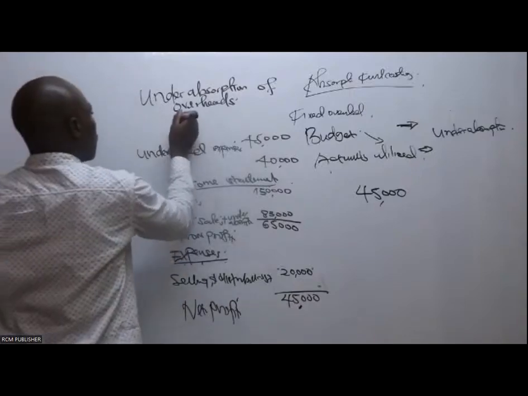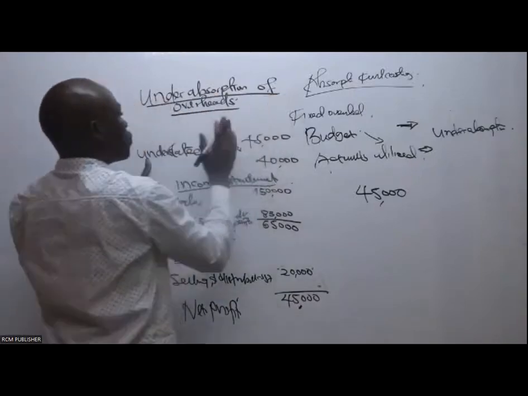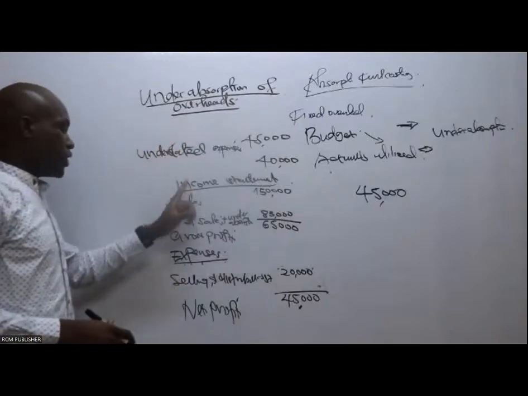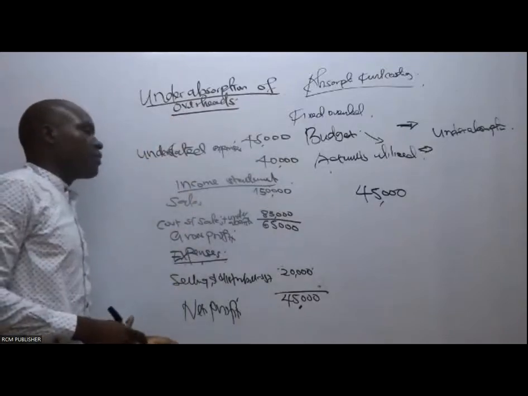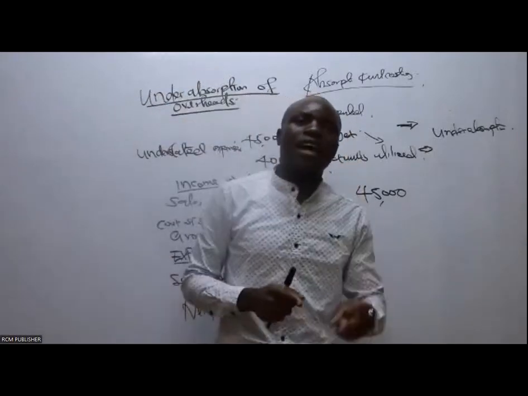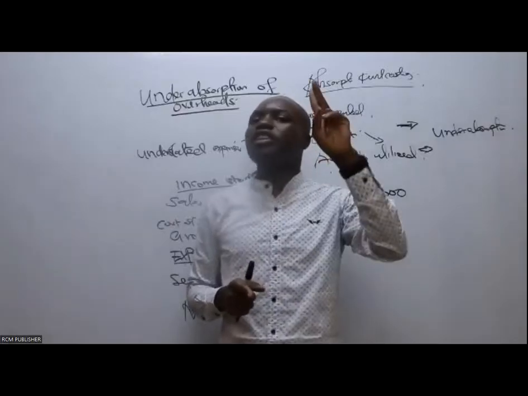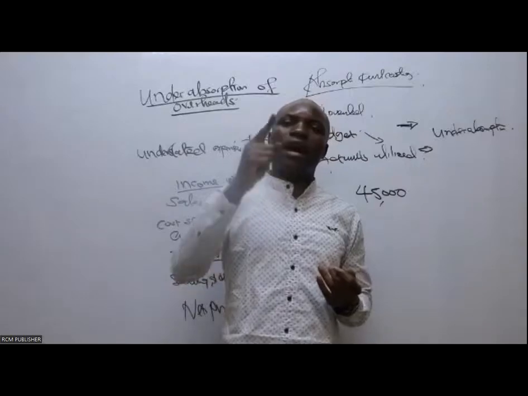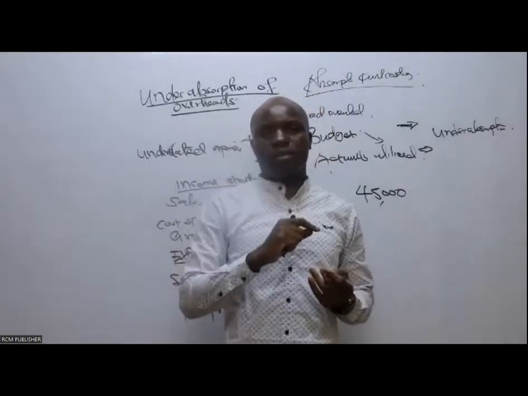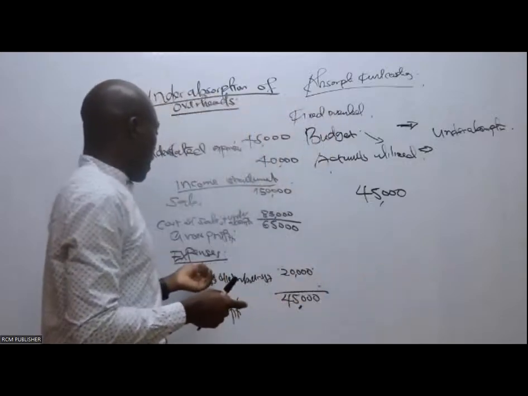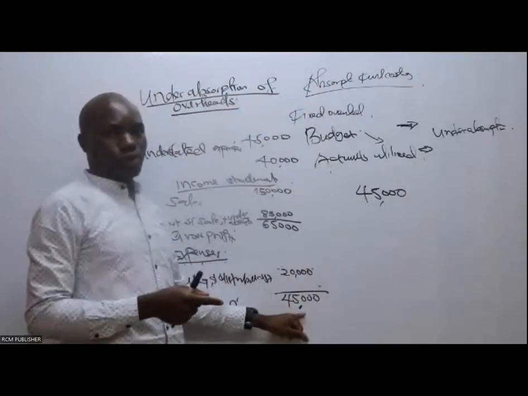So the under absorption of overheads, we've been able to see how it arises and how to treat it. From what I've demonstrated here, we've now seen that the under absorption of overheads can be taken care of in two places. One, I put it as an expense under expenses down here, then it reduces my net profit.